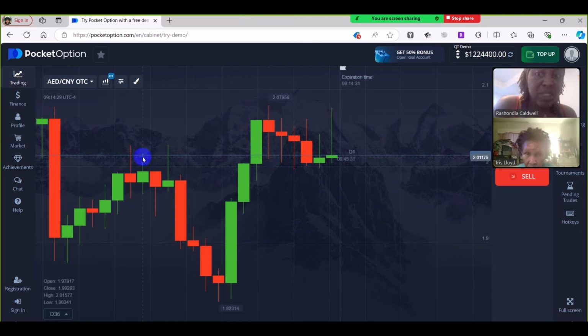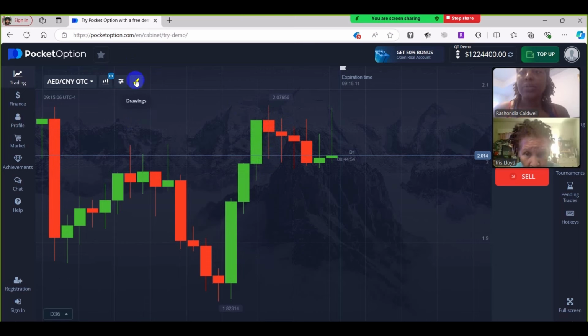If you look at this candle right here, it doesn't really like this area, because it came up here on this candle and rejected it and went back down. Over here, it didn't really like this area either. It came down about right here and then started coming all the way back up.